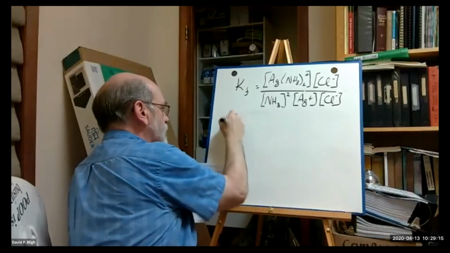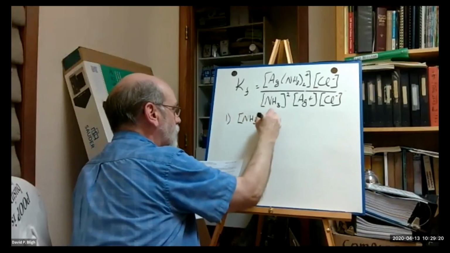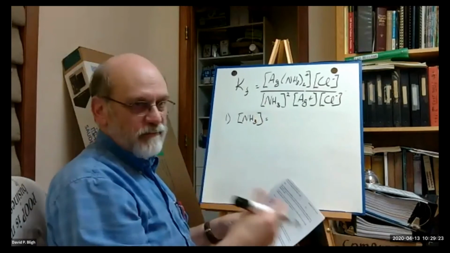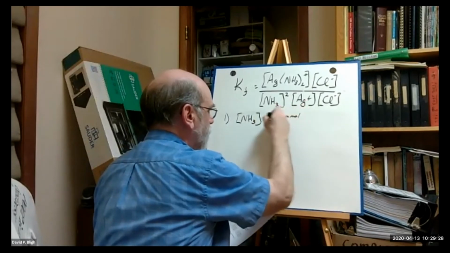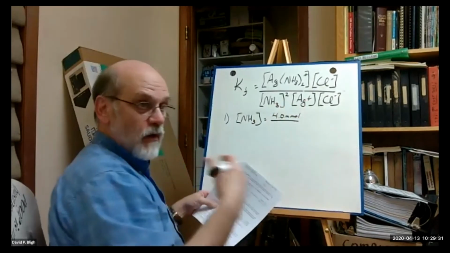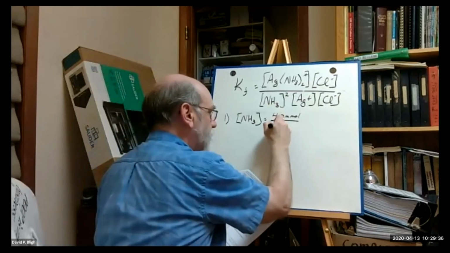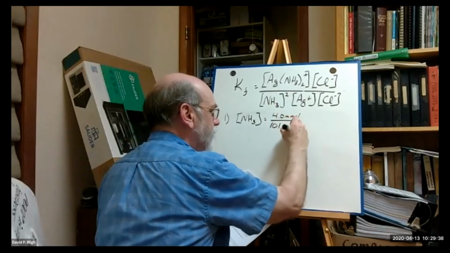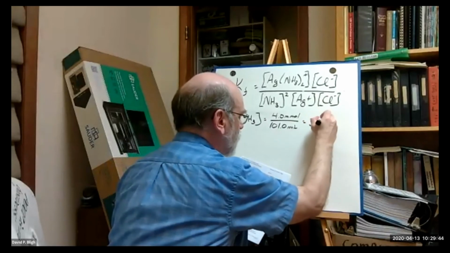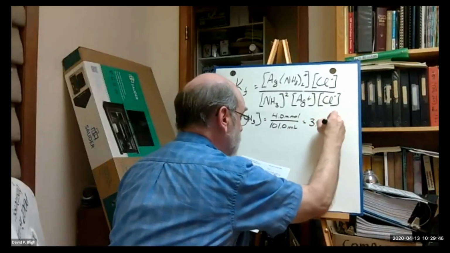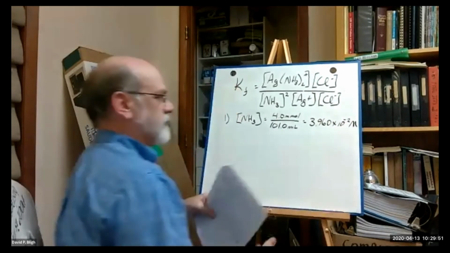So let's say for the concentration of ammonia, we had 4 millimoles divided by what concentration? 100 milliliters plus 1 milliliter of potassium chloride, which is equal to 3.960 times 10 to the minus 2 molarity.